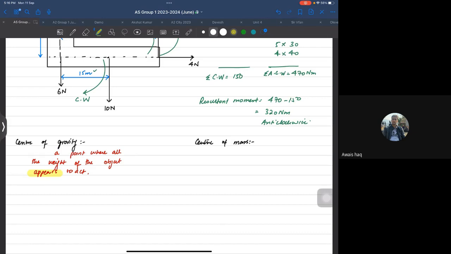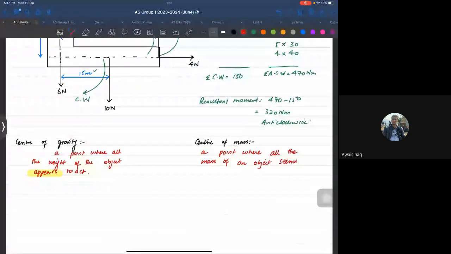Finally, then we have center of mass, which is a point where all the mass of an object seems to be concentrated.